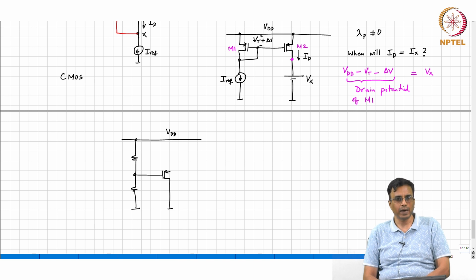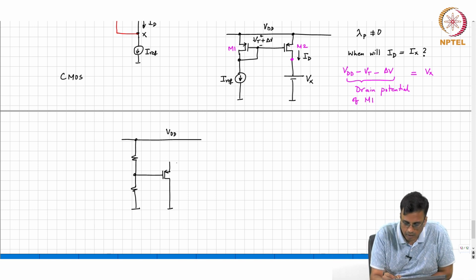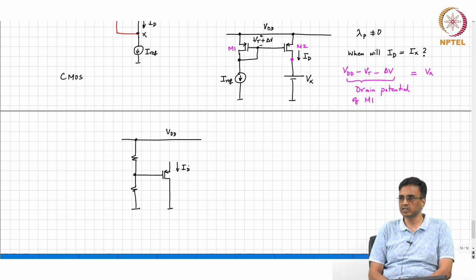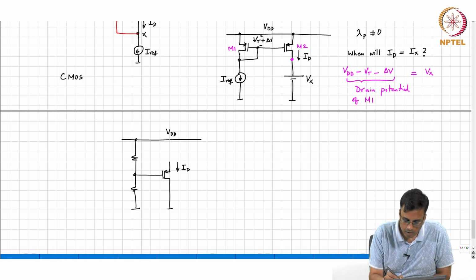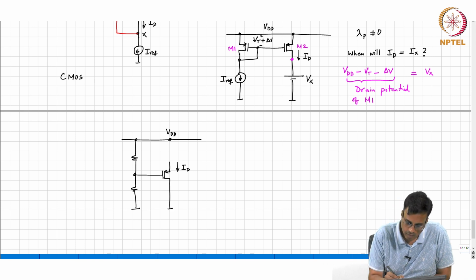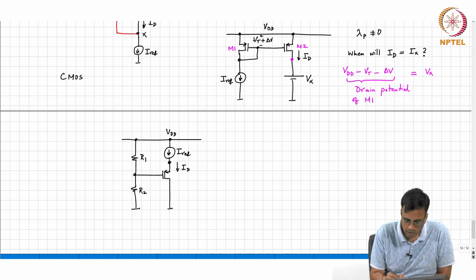So, we need to compare the current in the source with a reference current and kick the source in the right direction. So, what do we do? Very good. So, basically very straightforward. You put a current source like that, and let us call these R1 and R2.